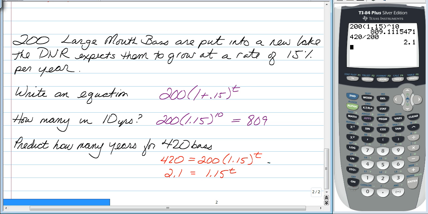So you have 2.1 is equal to 1.15 to the t. And now you know a little bit about logs. How can we get that 1.15 to go away because it's the base of a power? Well, that's where logs come into play.